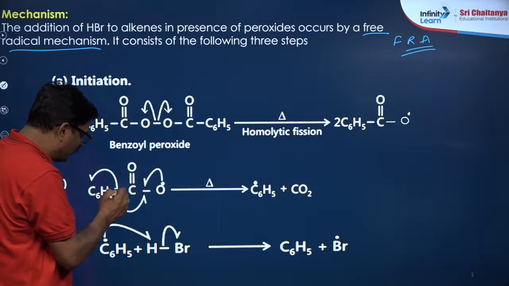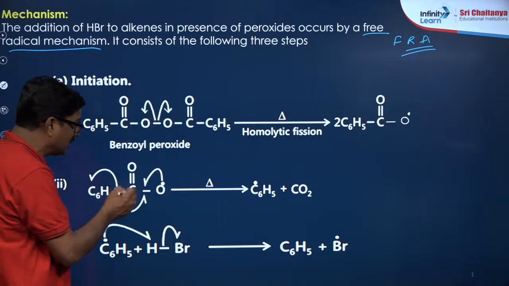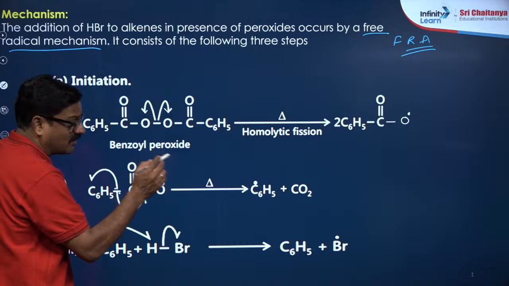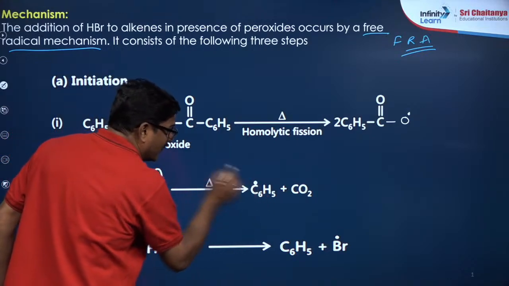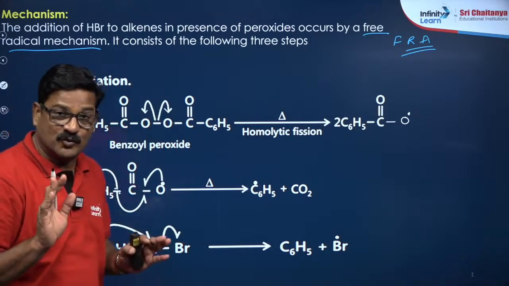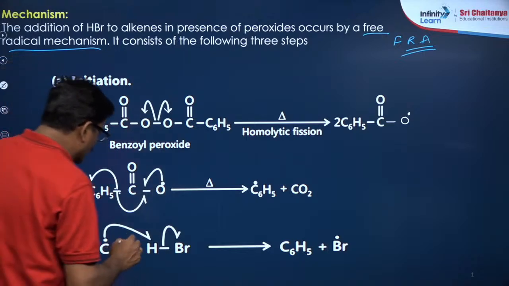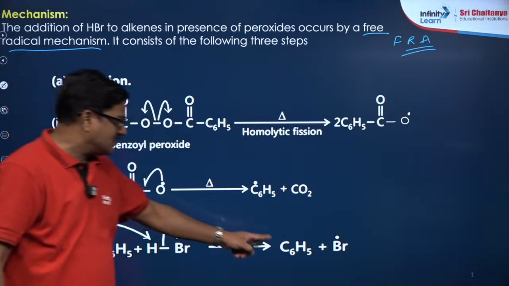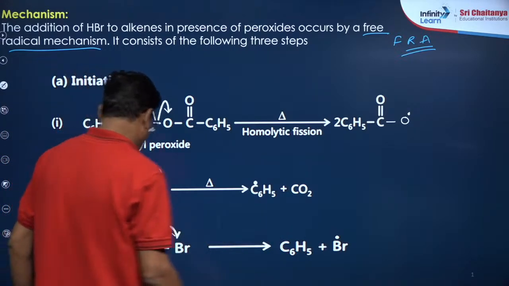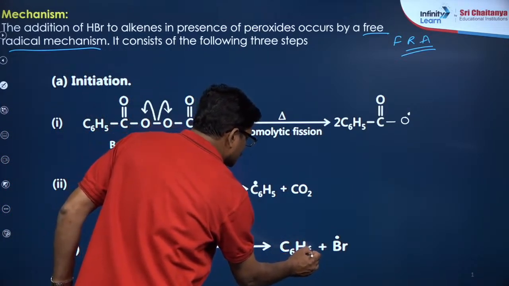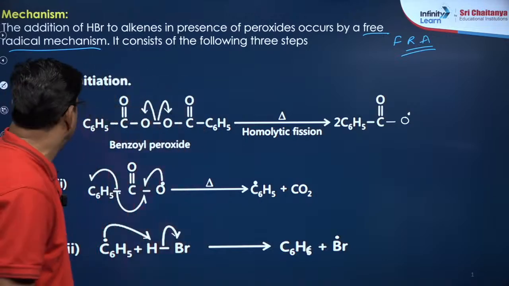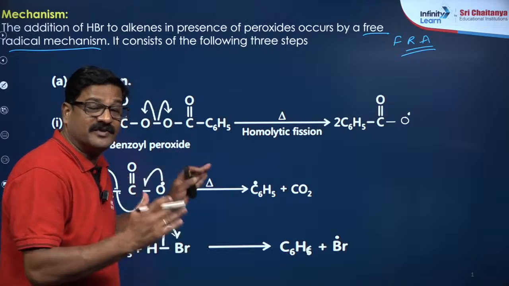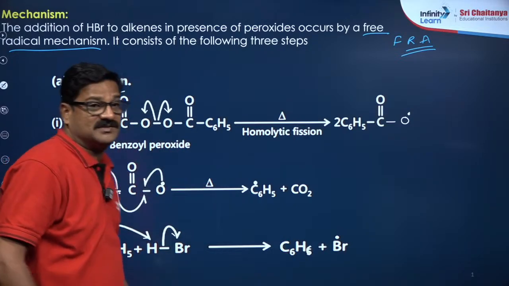The bond between the benzene ring and C=O is going to homolyze again to give carbon dioxide and a phenyl free radical. This phenyl free radical, of course, is unstable. It attacks HBr to generate benzene, C6H6, and a bromine free radical. This generation of the attacking free radical is called initiation.